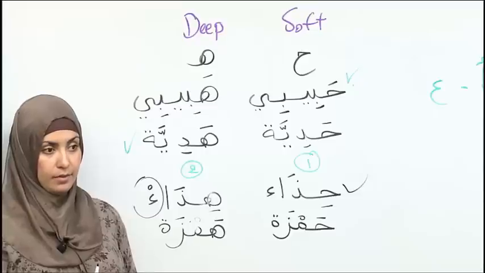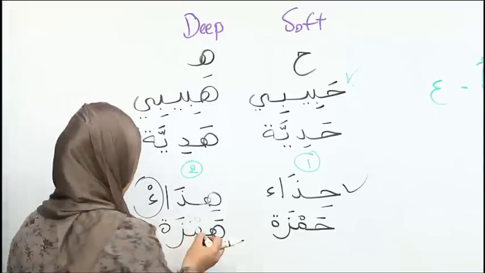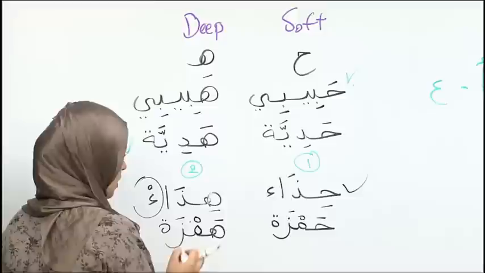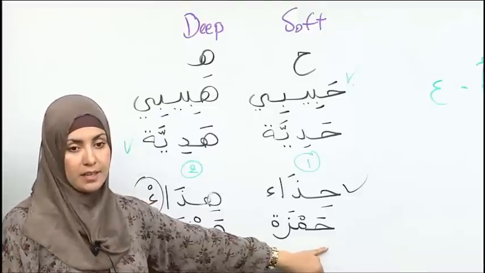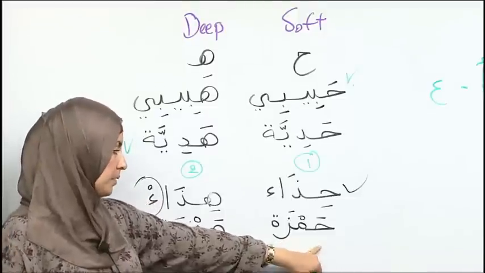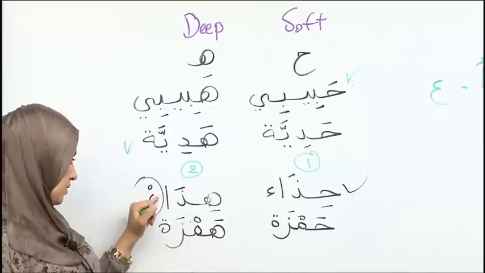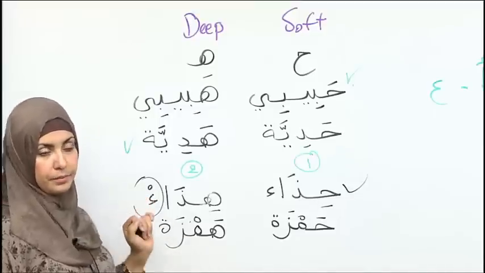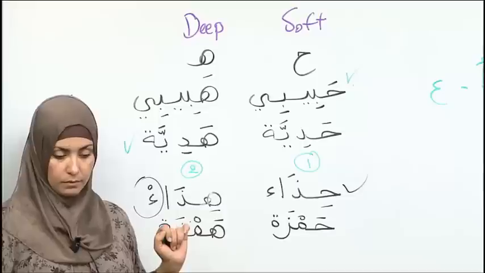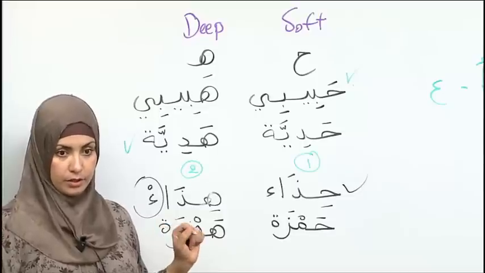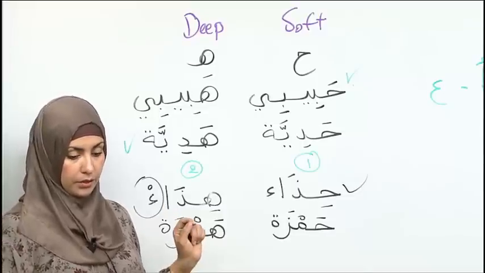Hamza, Hamza. Just erase it. So Hamza is a male name, and then Hamza is this letter. It's called Hamza. Okay? So that'll be all for the similar letters for now.